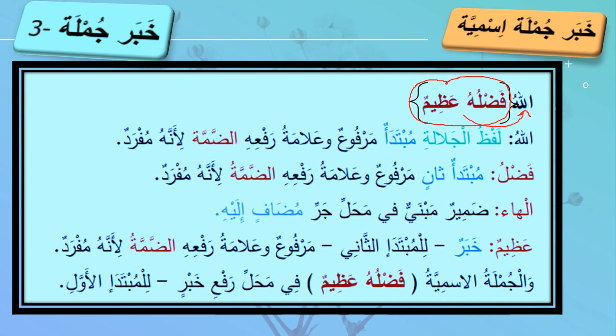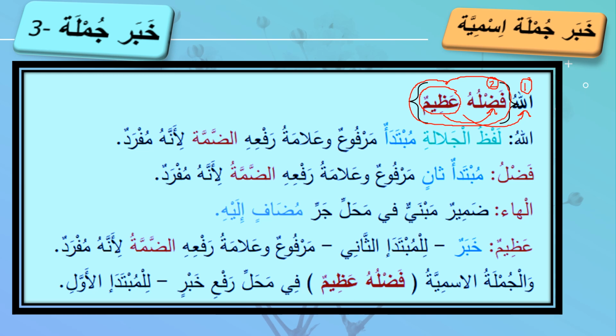Okay, and azim was only khabar for fadl. And this is our mubtada number 1, and this is our mubtada number 2. So now you can see that both the mubtadas have khabar. The only difference is that fadl had a single word khabar and lafzul jalala had the whole sentence jumla ismiya as a khabar.